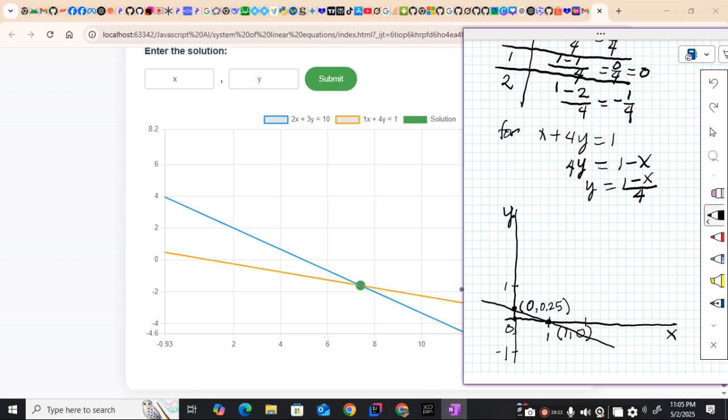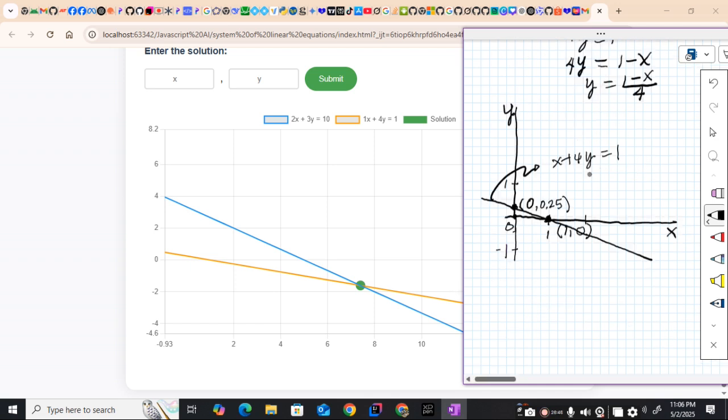Essentially, we just need two dots to identify the line. So that's the visualization for our first equation, x plus 4y equals 1.